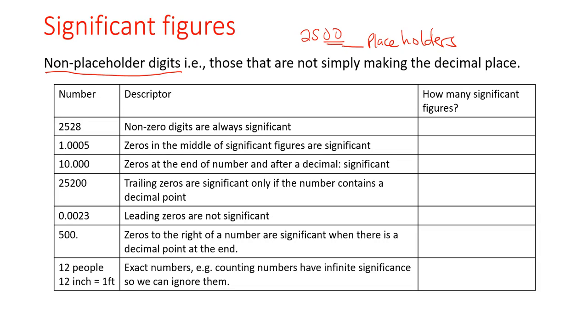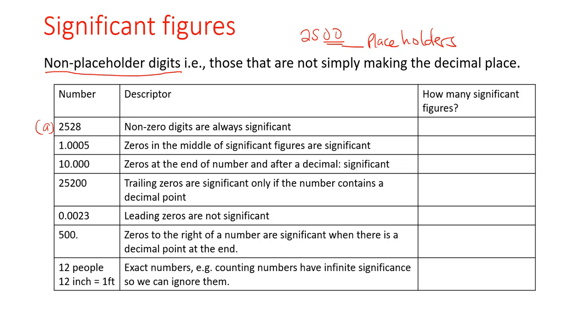So how do we recognize significant figures? We'll start looking at a series of values and how we can determine how many significant figures each value has. We'll start with this value here. We'll call it A. Here the number is 2528.